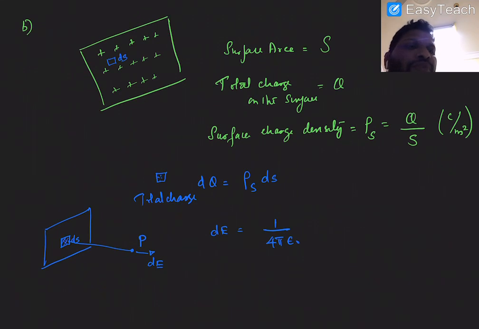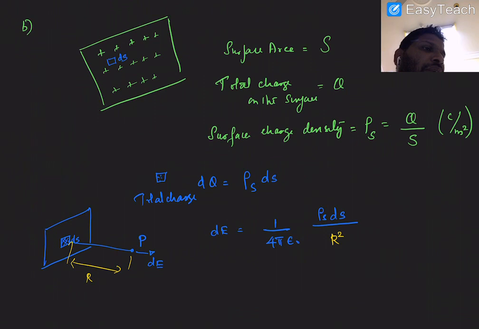If you consider this small area, the charge is rho s into ds, divided by r square, where r is the distance from this point, multiplied with this direction. This direction is AR, that means it is the direction of R. So this will be your differential electric field due to this surface charge.